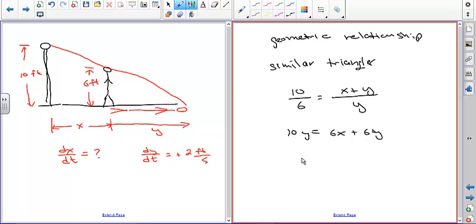And then you could simplify. 0 is equal to, if I subtract 10y from both sides, you get 6x minus 4y. So it's a pretty simple relationship. Now that we've done that, you take the derivative with respect to time of each part.